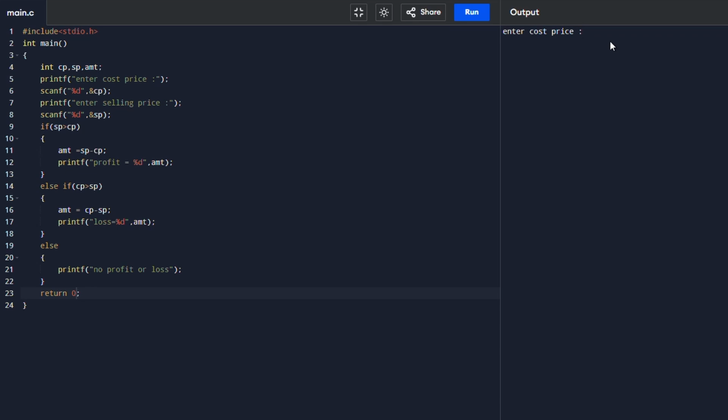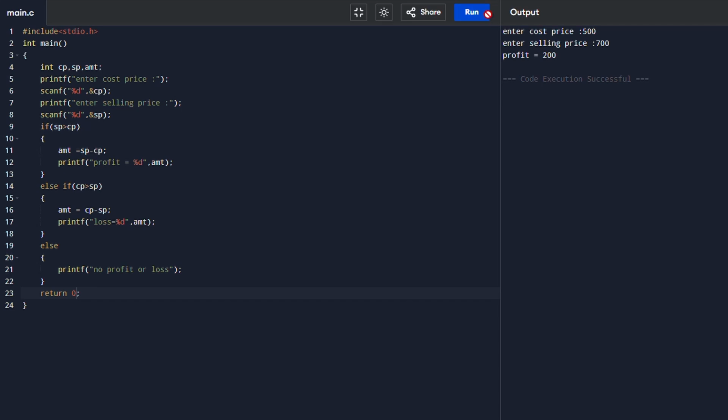Now let us take the same example as we took in condition 1. Cost price, let us take 500, selling price as 700. It should say 200 as profit, so it says 200 as profit. So the code executed correctly.